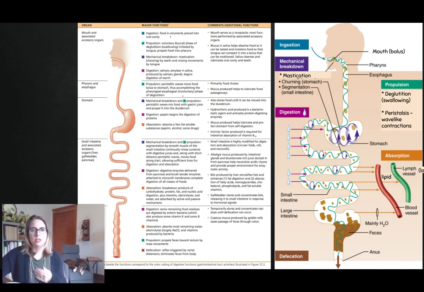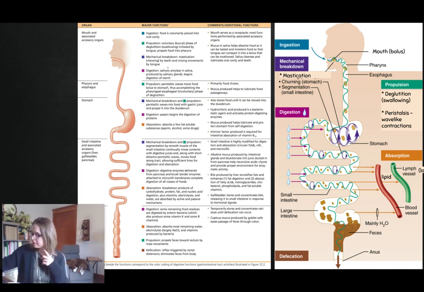So as you can see on this picture here, we've got propulsion. As I just ate and swallowed that little clementine piece, I did the process of swallowing and then pushing that food down. It's probably traveling down my esophagus and getting close to my stomach at this point.